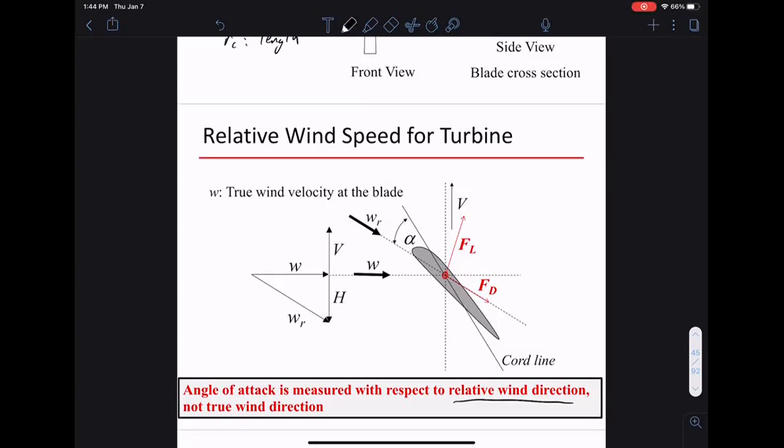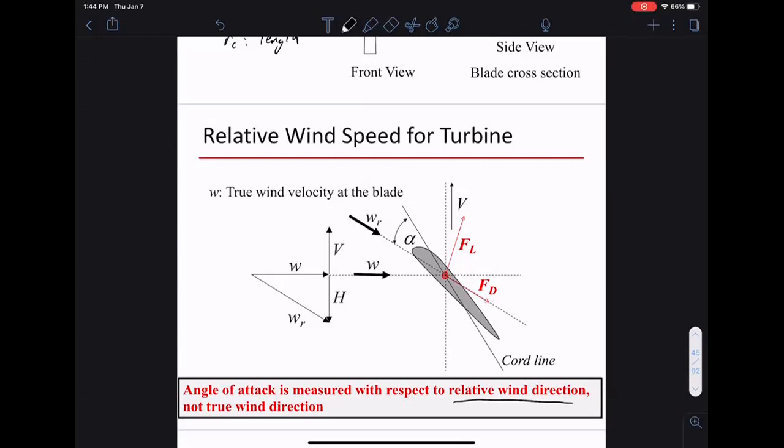Any questions about this? Okay, so it's important to remember, if you're given a question that gives you wind speed or wind direction, to figure out which wind we are talking about. Are we talking about the true wind or the relative wind direction?